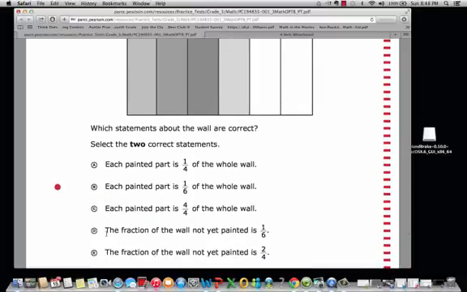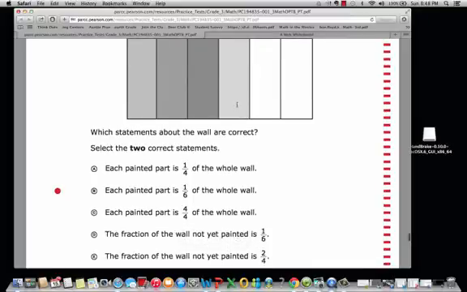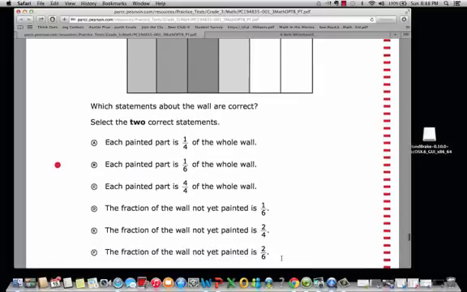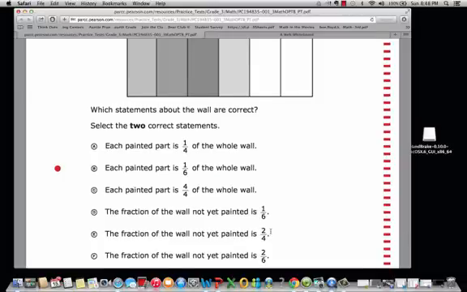The fraction of the wall not yet painted is 1/6. No, I know because I said in my head that he had painted 4/6, but there are 2/6 left. The fraction of the wall not yet painted is 2/4, that's half. So that's not right. The fraction of the wall not yet painted is 2/6. Yes, I just said that in my head and out loud again. So I'm going to mark B and F.